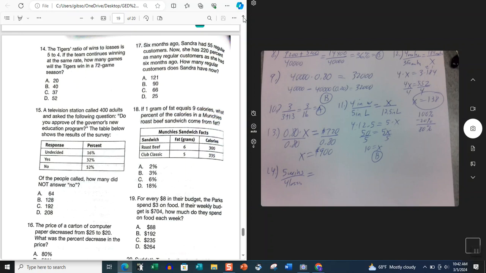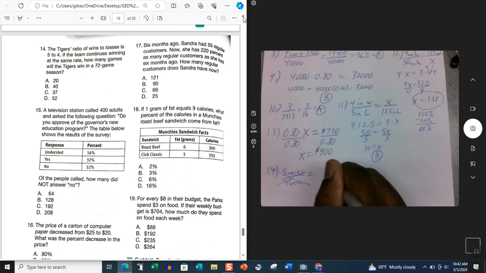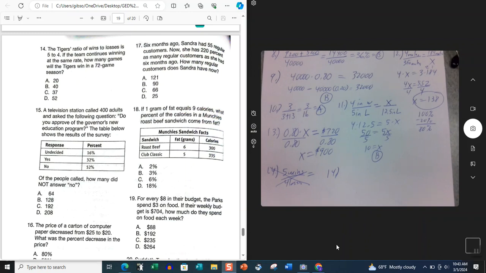So basically, since it's a 72-game season, they did not break that up. So we're going to have to scratch that. So what we're going to have to do is, since they win 5 to 4, in a different approach, this is what we would need to do.